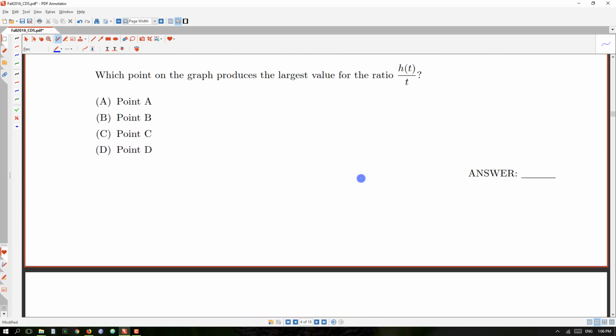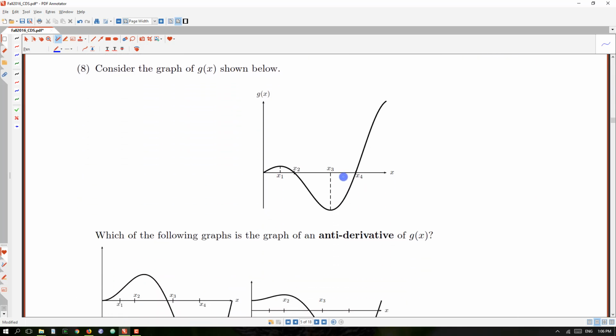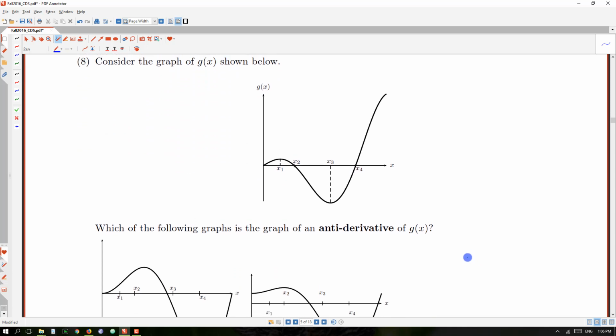Last but not least, we had question number 8. In this one we had graphs of an original function, and then we were asked for the graphs of the antiderivative. So remembering the relationships, values on this graph should translate in our diagram that we're looking for into slopes on this diagram.